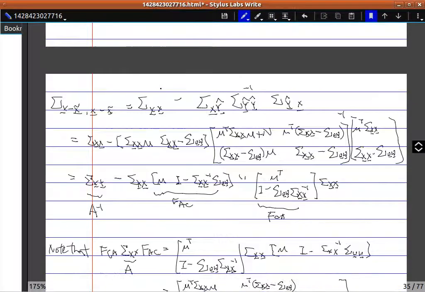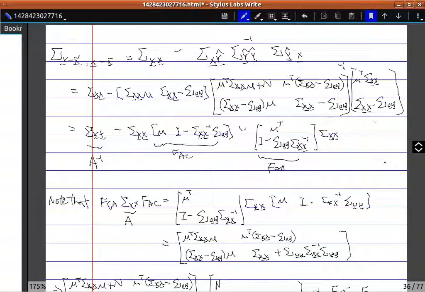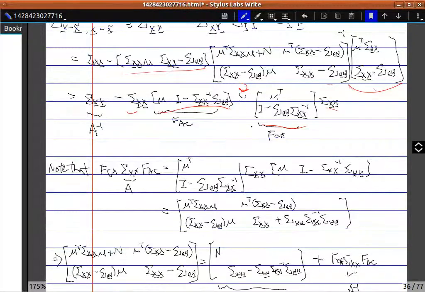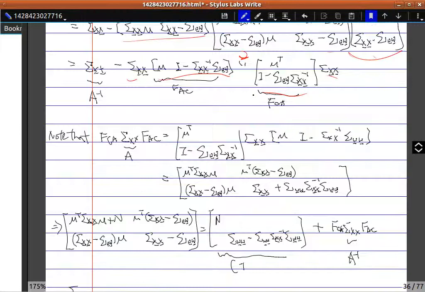Therefore the covariance of the estimation error is equal to this expression with the terms substituted in. What is interesting is that I can pull out sigma xx outside and have this written as this multiplied by this, and this written as this multiplied by this. I just put two dots here.